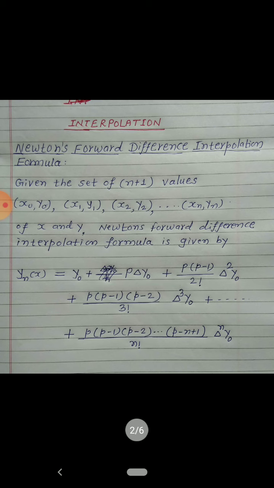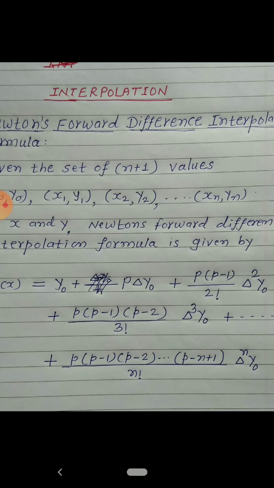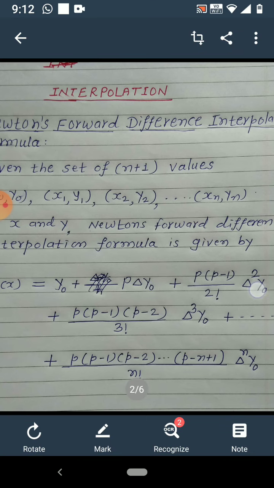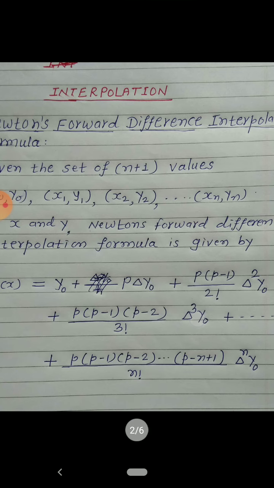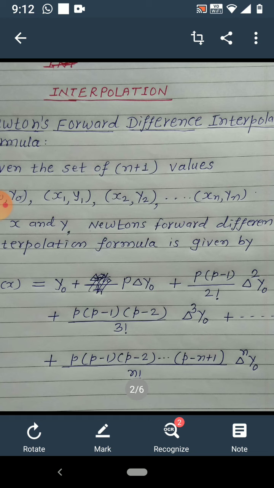As we have seen, in this formula there are the forward differences delta y0, delta 2 y0, delta 3 y0 and so on. To obtain these forward differences we shall construct the forward difference table.